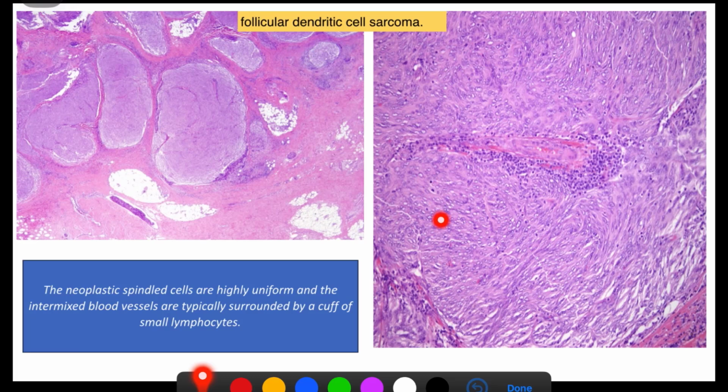In high power view, you can identify the neoplastic cells, and these nests have a cuff of small lymphocytes surrounding the neoplastic spindle cells, as well as blood vessels. So this is the classic picture of follicular dendritic cell sarcoma on H&E section.